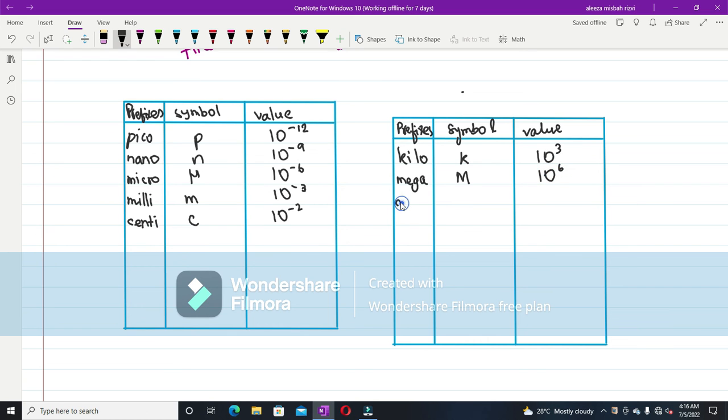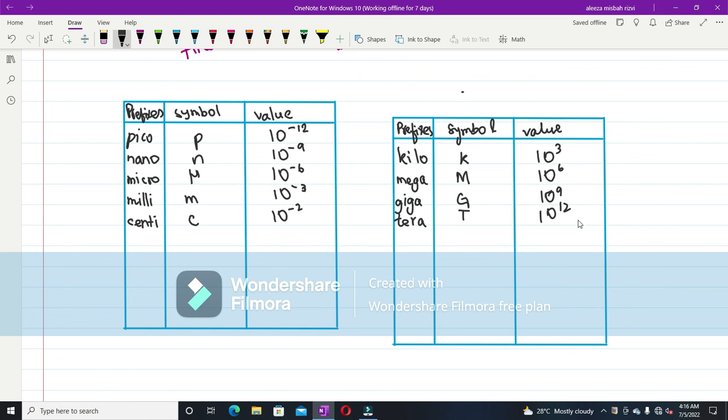The next one I have is giga, and it is represented by an uppercase G, and its value is 10 power 9. And the last but not the least, I have tera, T-E-R-A, tera, and it is denoted by an uppercase T, and its value is 10 power 12.